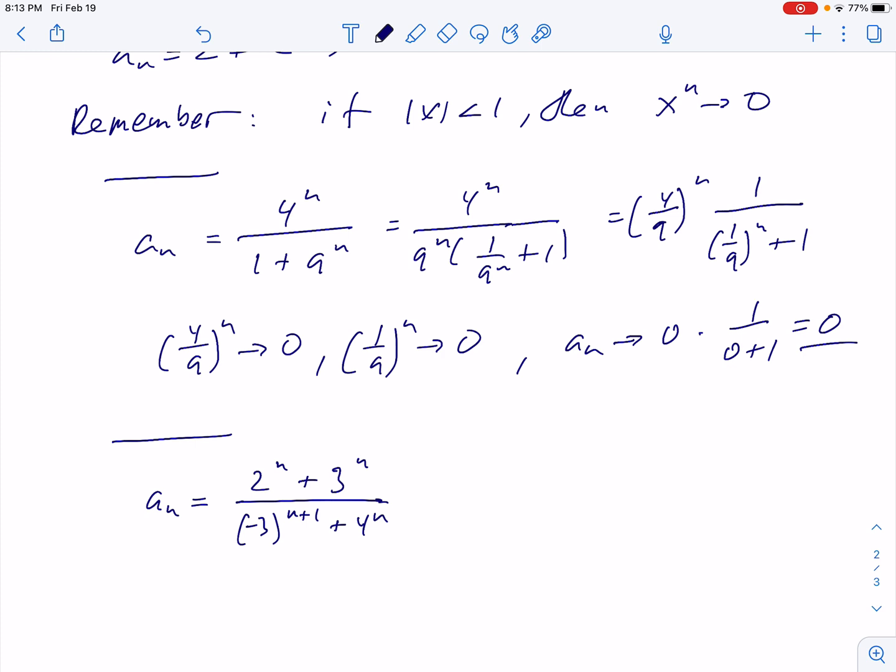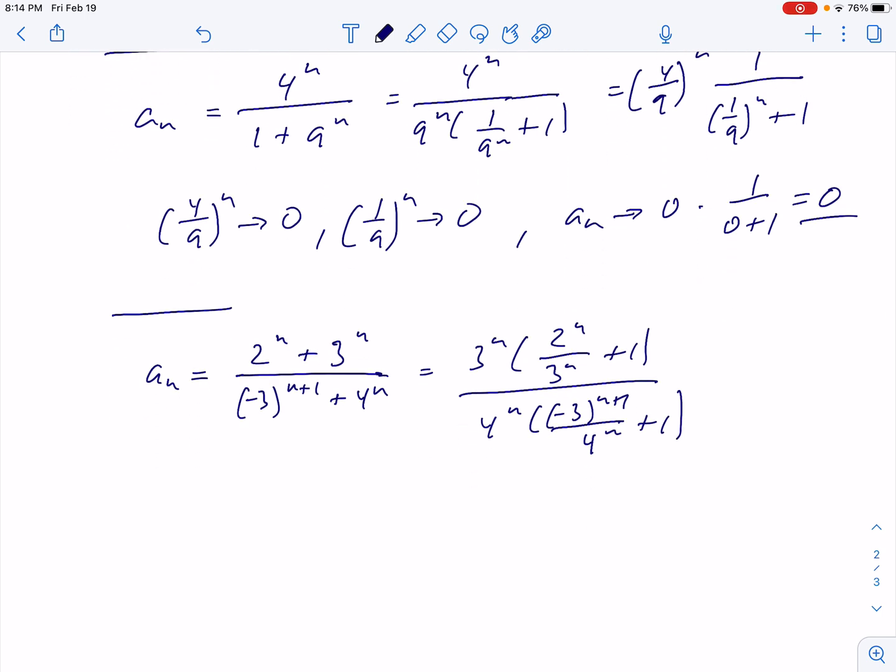On the top, 3 to the power n grows faster than 2 to the power n because the base is bigger, and below 4 to the power n is growing fastest, so I shall write it this way: 3 to the power n factored out, and there will be 2 to the power n over 3 to the power n plus 1 on top. Below 4 to the power n is factored, and we have negative 3 to the power n plus 1 over 4 to the power n, plus 1.